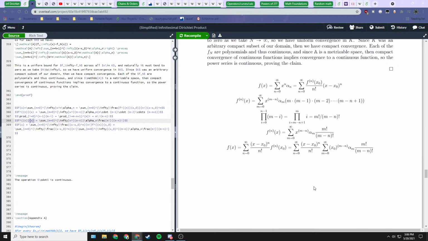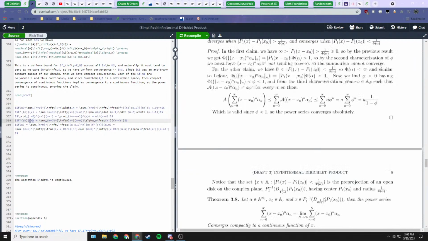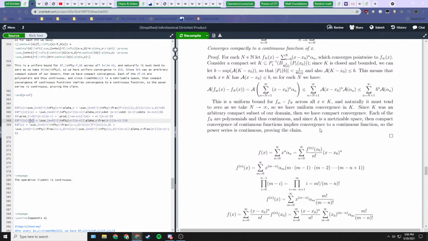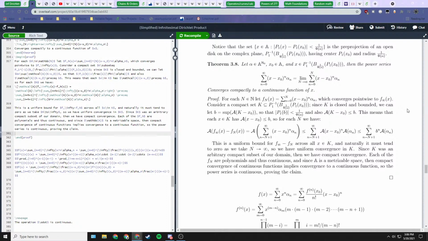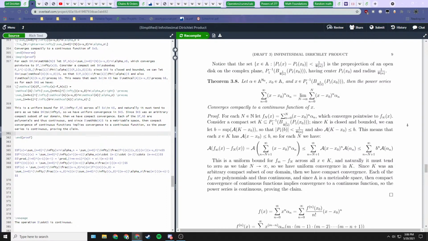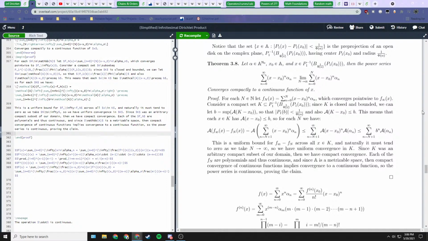Let me think. Well, while we sit on that, let's prove something easier first. We can actually prove that our power series representations are unique. We should be able to prove that they're unique.